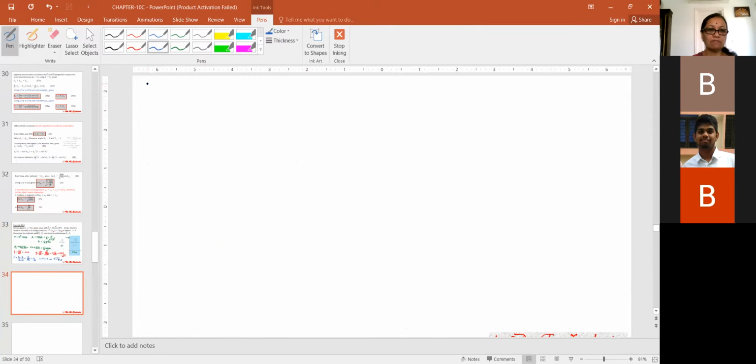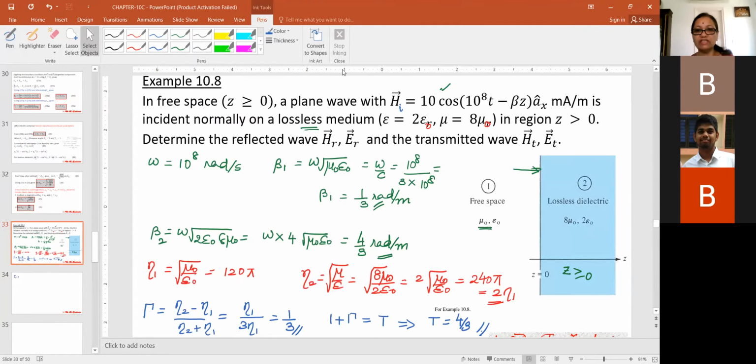To get EI, I need to get the direction of EI. How do I get the direction of EI? HI is along AX cap direction, and AK cap is along plus Z direction. Therefore, what will be the direction of EI?